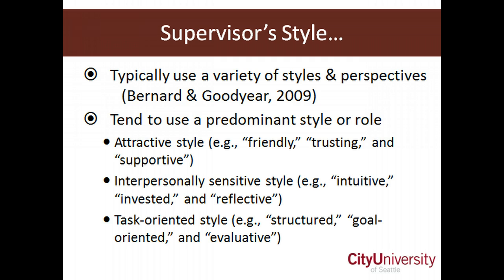The first is an attractive style, meaning when the supervisor comes across as friendly, trusting, and supportive. The second is an interpersonally sensitive style. This is when the supervisor seems intuitive, invested, reflective. And the third is a task-oriented style, when the supervisor appears structured, goal-oriented, and evaluative.